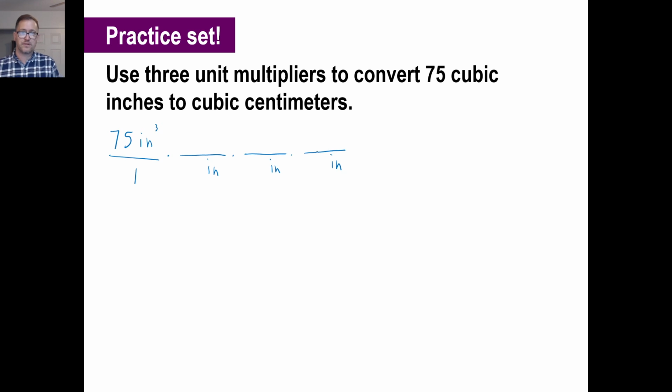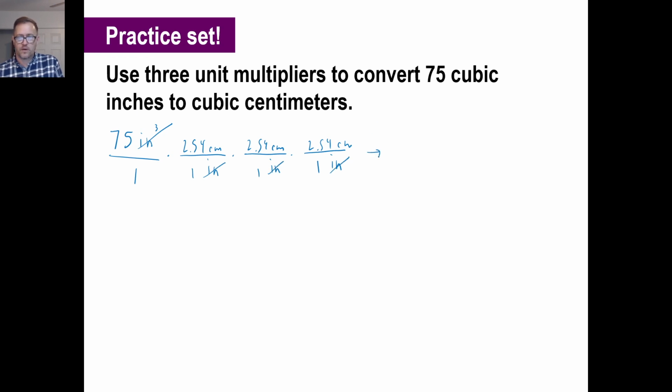The cubic centimeters, well, we know that 2.54 centimeters is an inch, 2.54 centimeters is an inch, and then 2.54 centimeters is an inch. There. So that crosses, there's the 3, 1, 2, 3.